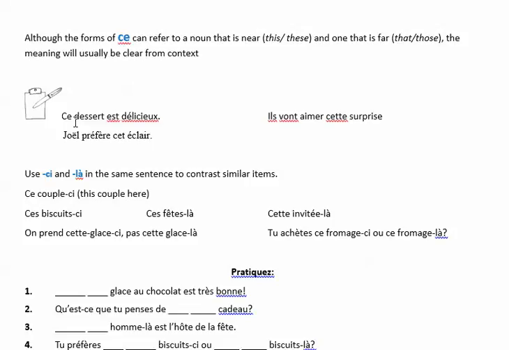Joël prefers that éclair. Joël préfère cet éclair. Third example. They're going to like this surprise. Ils vont aimer cette surprise. Cette because surprise is a feminine and singular noun.